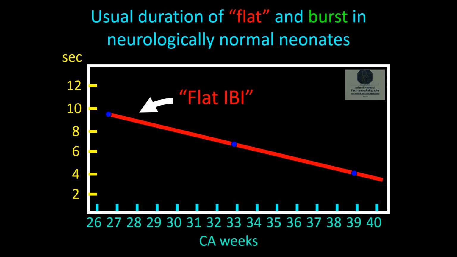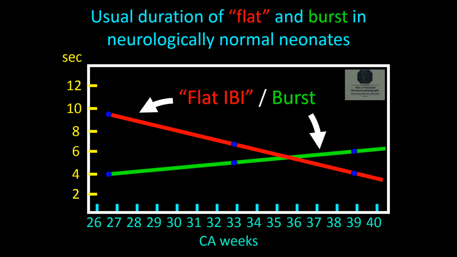In Stockard-Pope's book, they describe the usual duration of the flat periods to be 10 seconds by 26 weeks, 6 seconds by 35 weeks, and 4 seconds by 40 weeks. The same figure includes the duration of the burst, which goes from 4 seconds at 26 weeks, increasing steadily till about 6 seconds at 39 weeks.